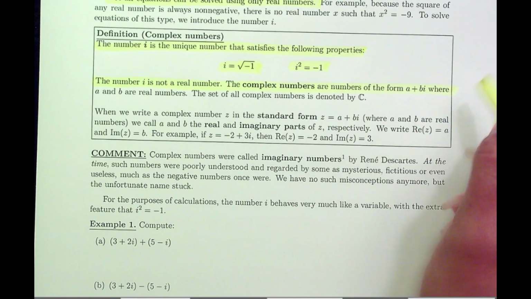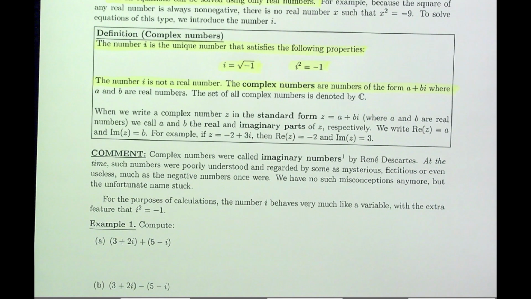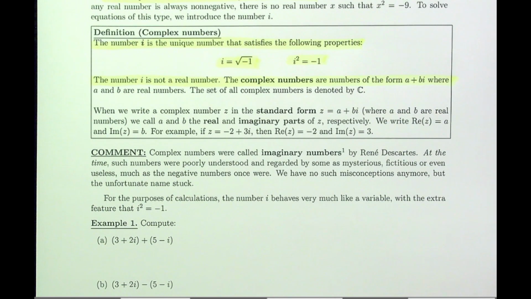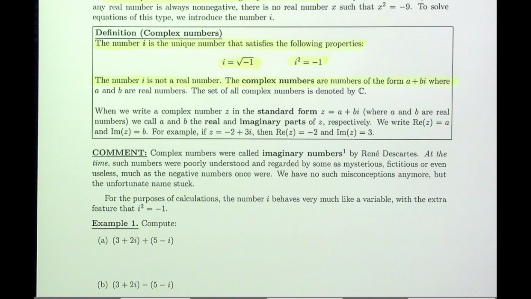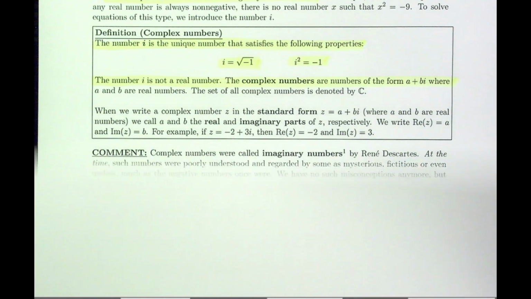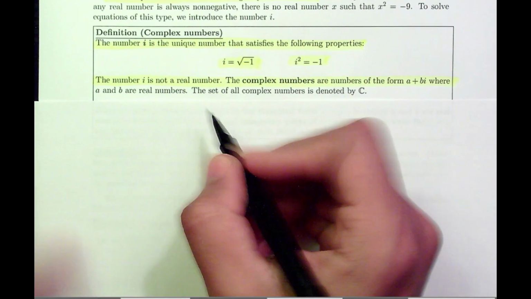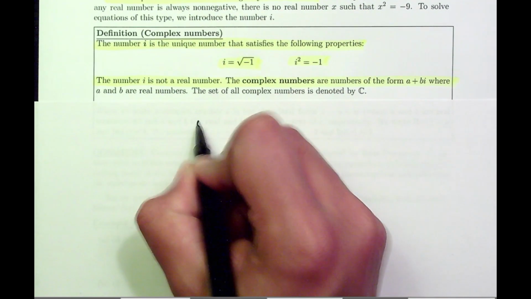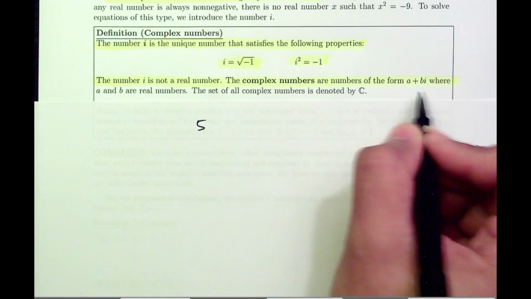Then the complex numbers are all the numbers of the form a plus bi, where a and b are real numbers. One possible interpretation of complex numbers is by thinking of them as points in the plane. A complex number is of the form a plus bi, as I said right here.